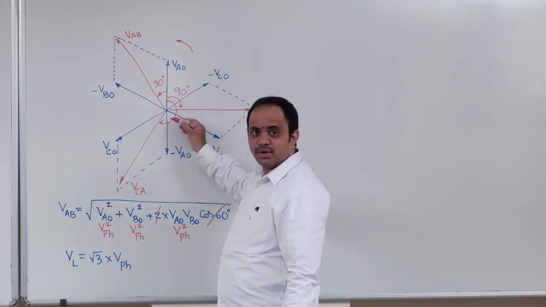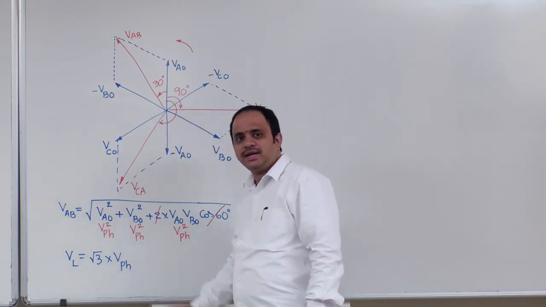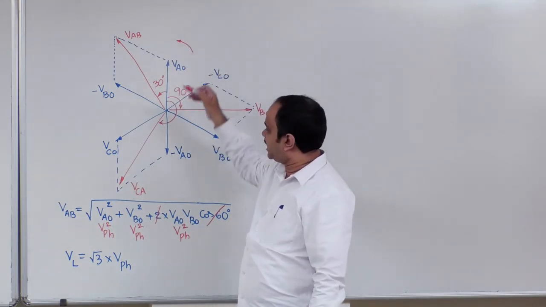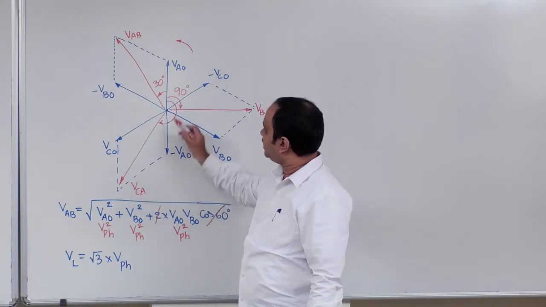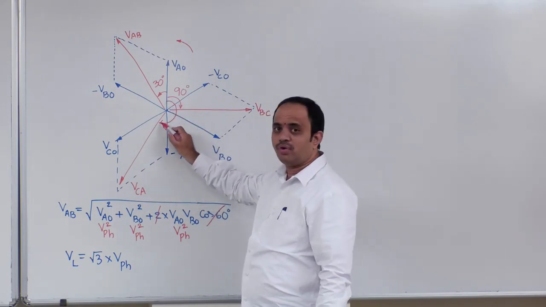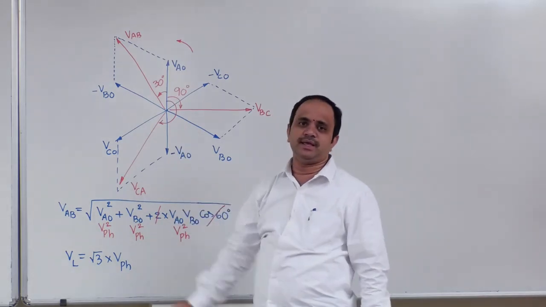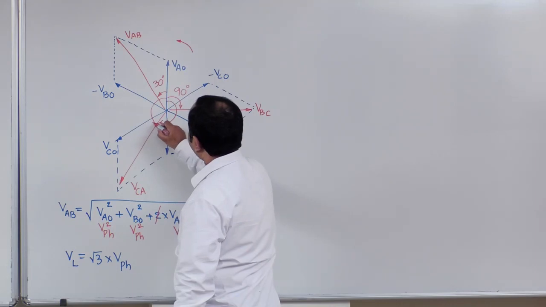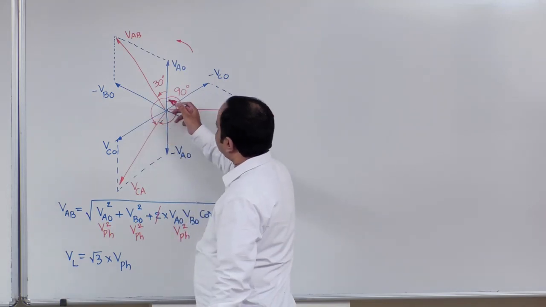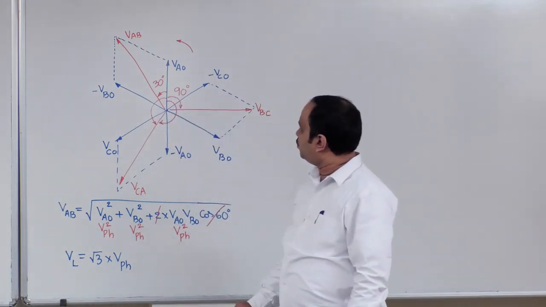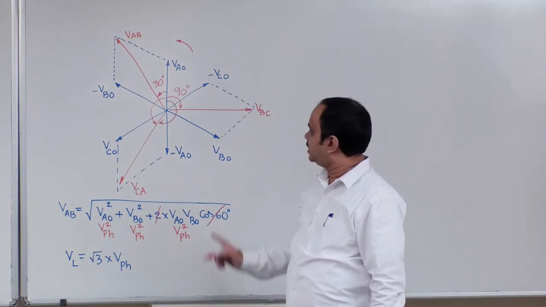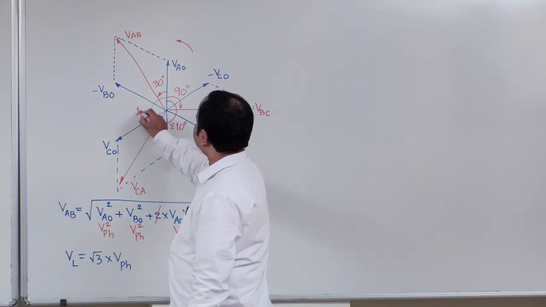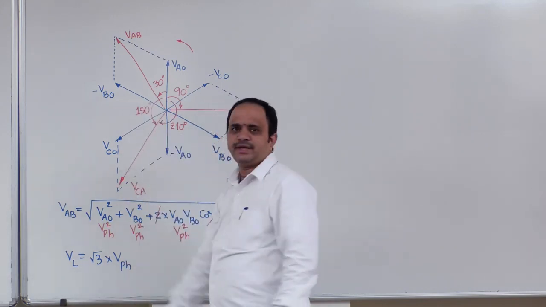210 degrees. Is 210 degrees lagging or leading? In this counterclockwise direction reference, I can definitely say that CA lags AO by 210 degrees. Or in other words, I can say it leads AO by 150 degrees. Now this is 210 degrees or this is 150 degrees.